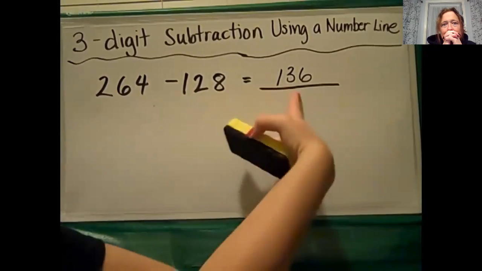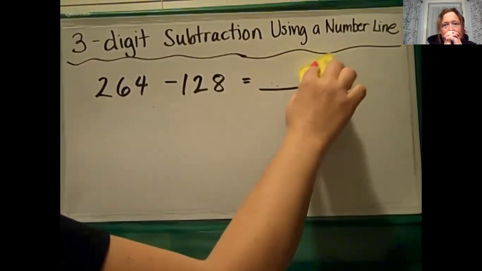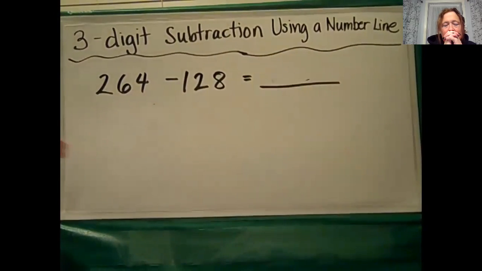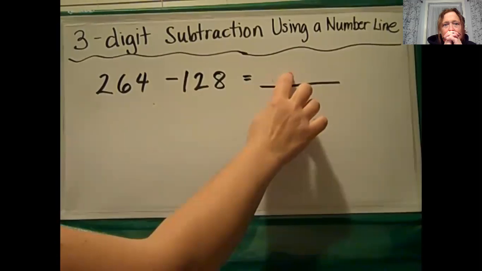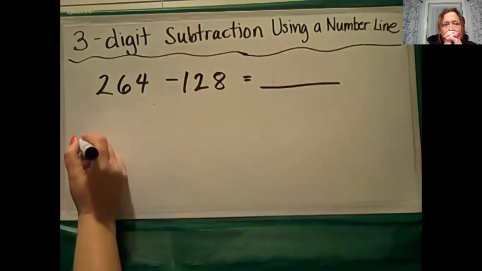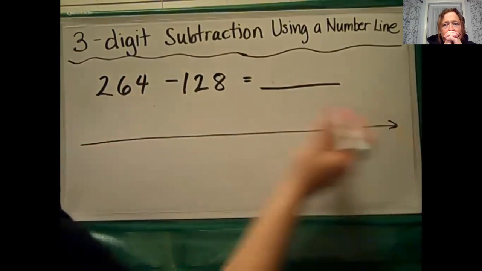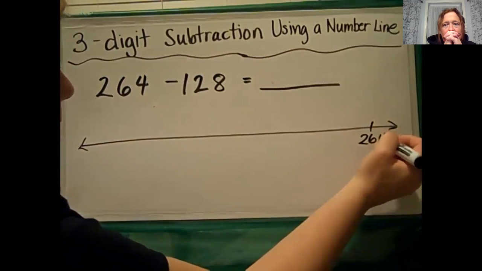We know that if we add the two addends together, we're going to get the total. So that means if I start at this number and hop this amount, I'll get to my total. 264 is my total, so I'm putting it in the same spot.